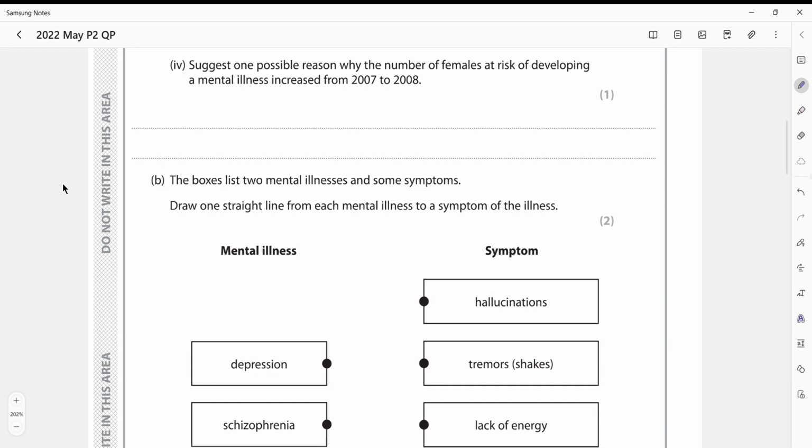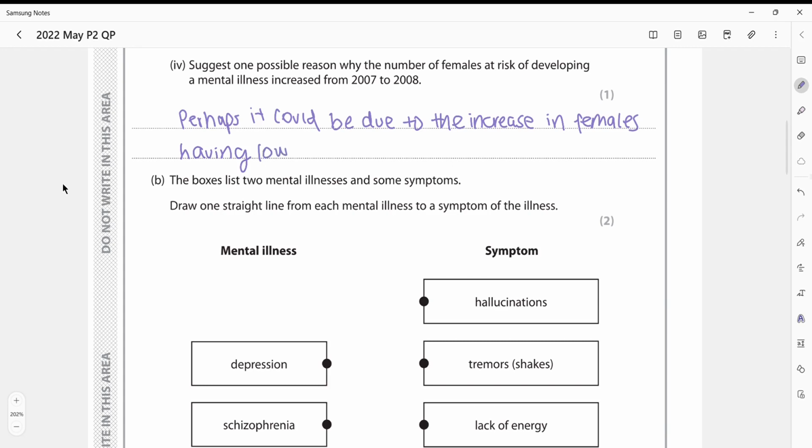So I'll just write perhaps could due to increase in. All right.